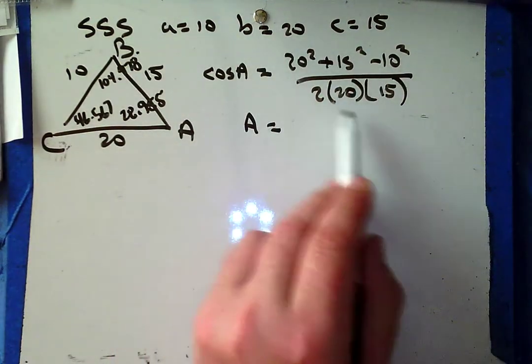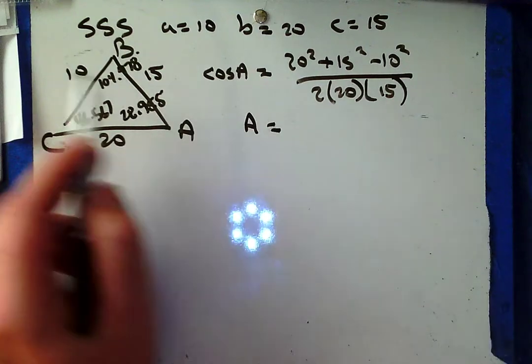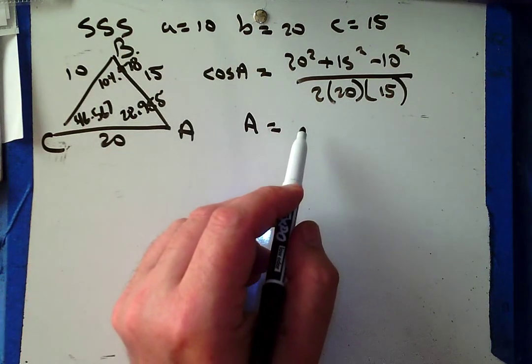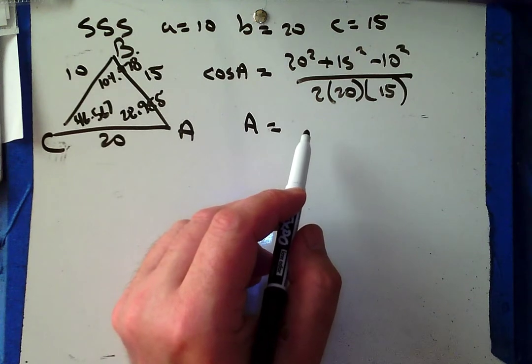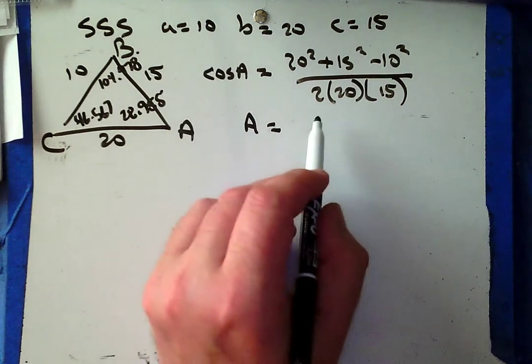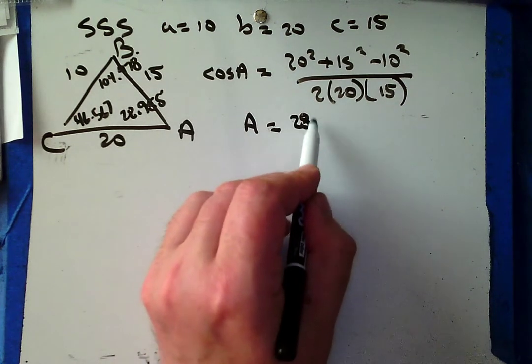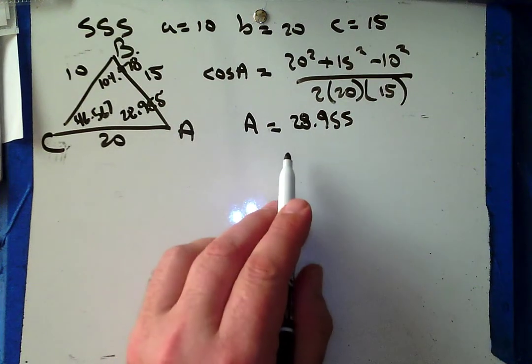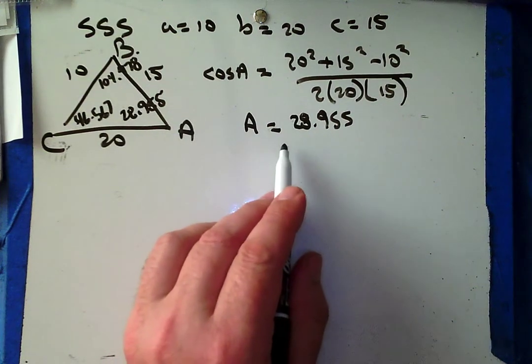And so we used law of cosines with our given side information, and we found A. So if we start with A, we found A to be 28.955. Okay, so let's go from here, having found this angle.